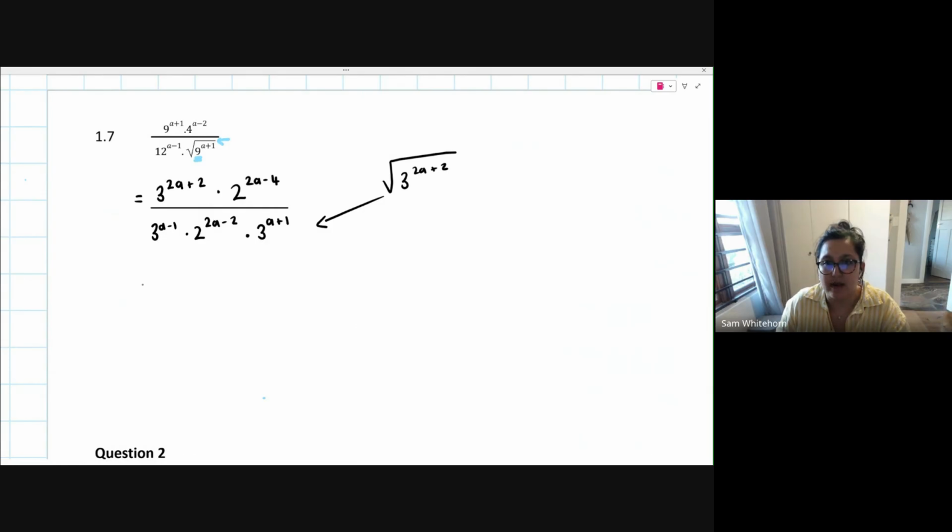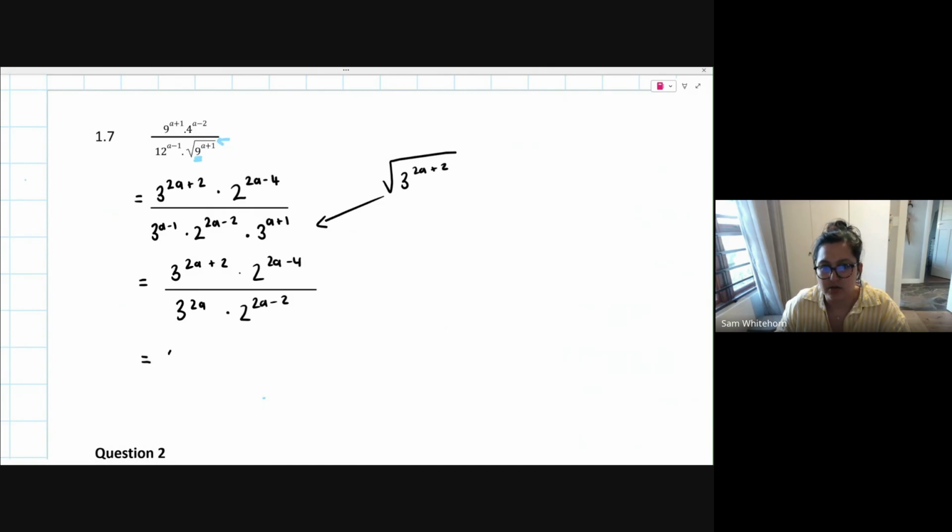Okay, so we have that. Let's just leave the numerator for now and simplify the denominator. So I'm going to add just those base 3's. So a plus a is 2a, minus 1 plus 1 gone. Then we've got 2 to the power 2a minus 2. And like you say, it must stay 2 to the power 2a minus 2.